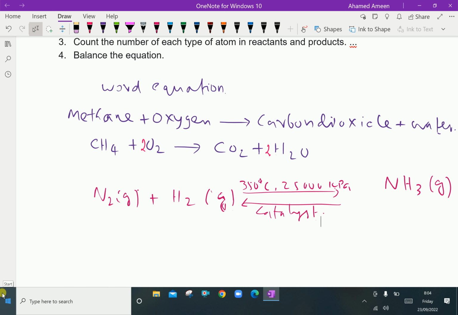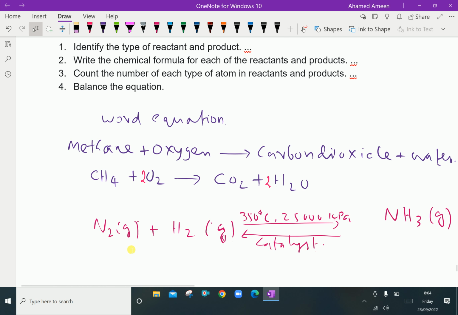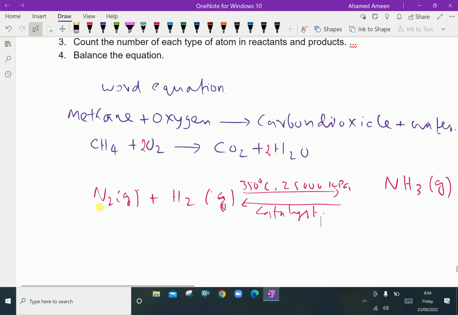Here is the chemical equation; let's check the balancing first. Here N is 2 and H is 2, so you have to balance this. How to balance this? Look here, N is 2. I put 2 here.